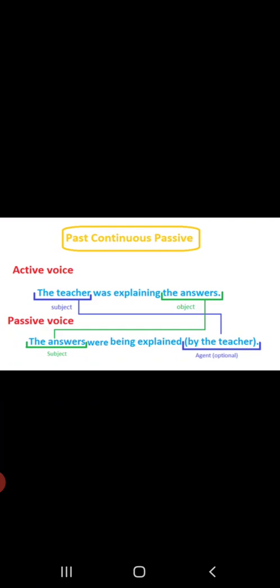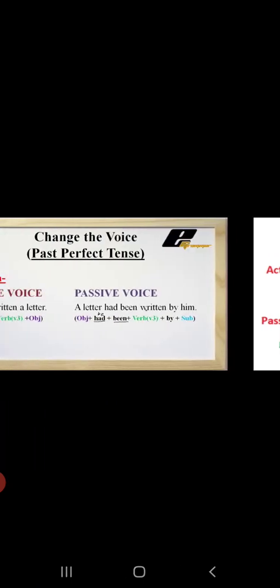This also we have written. Now our subject, the answers, is plural, that's why we have used were here. Okay, now as we know that we are making the past continuous tense passive voice, we will use being here. So see, what sentence is made? The answers were being explained by the teacher.